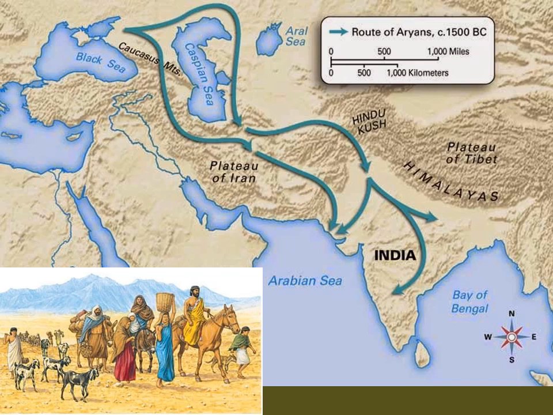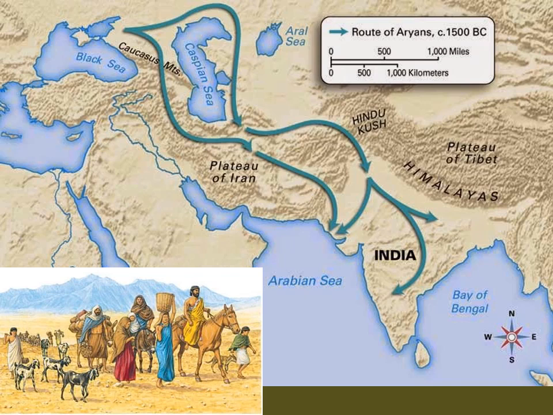So you see the map here. We have the Aryans, right? The route of the Aryans, roughly around 1500, coming from the east of the Black Sea, the Caucasus Mountains, then going down to the east, south, Caspian Sea, to the plateau of Iran, and then moving into northwestern India, and then into central India and southern parts of India.